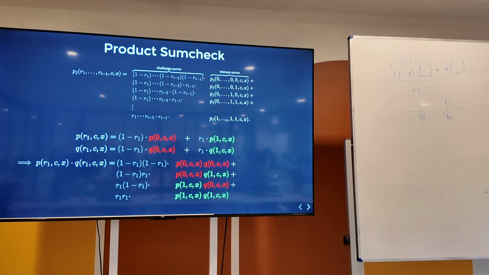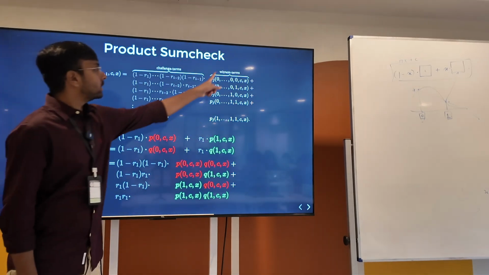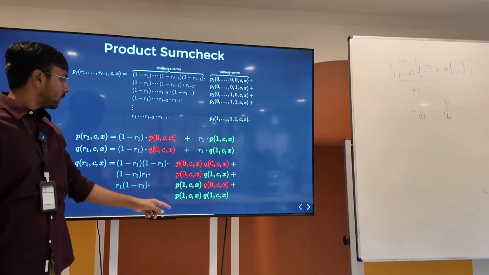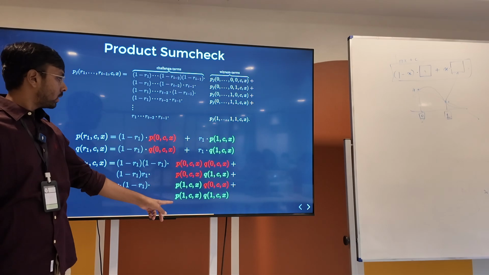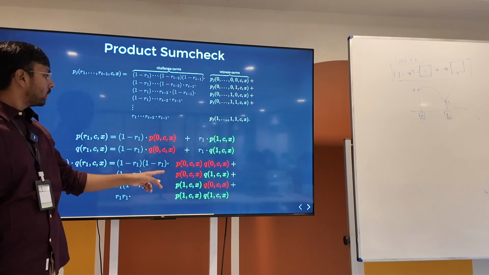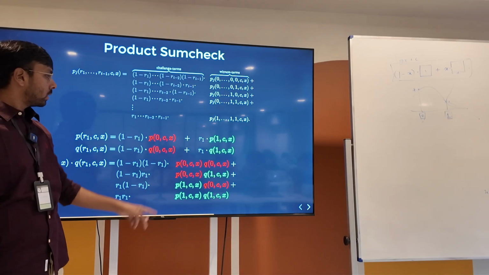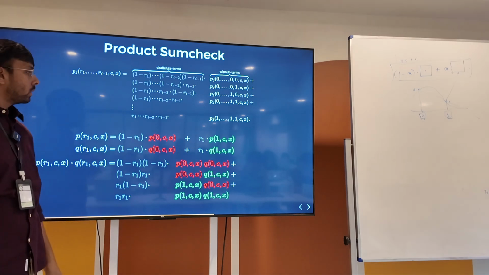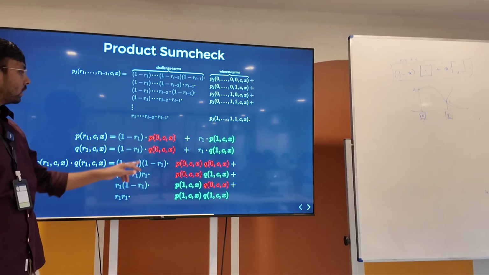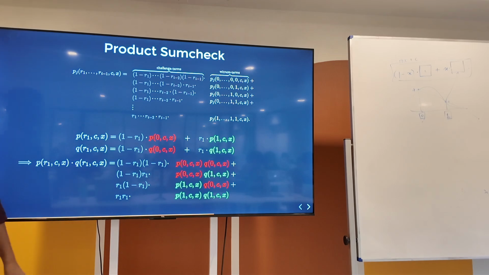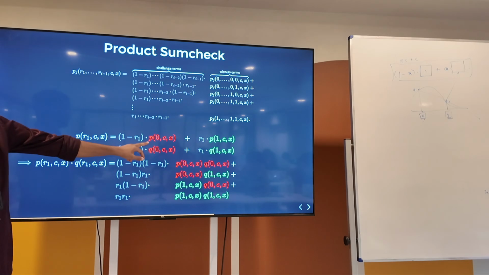You sum the right side first. Sorry? You sum the right side first. You cannot. You mean this side? No, I mean under this here. You sum the P and Q with D because they share the same coefficient. Can you repeat? Which ones share the same coefficient?